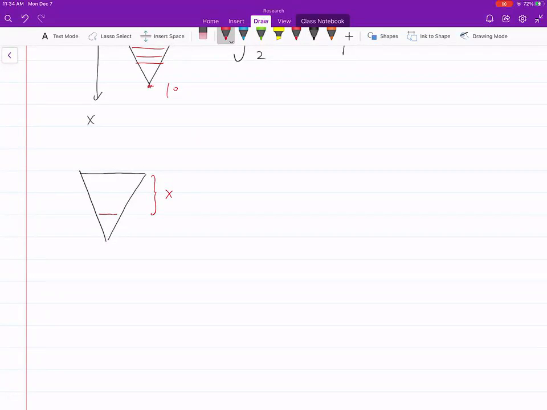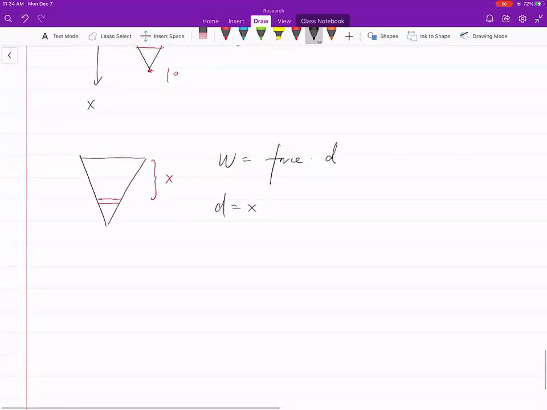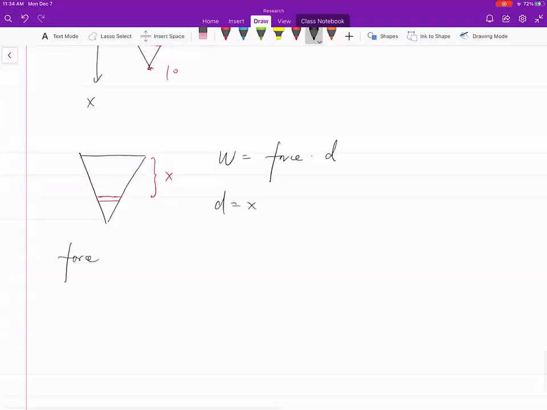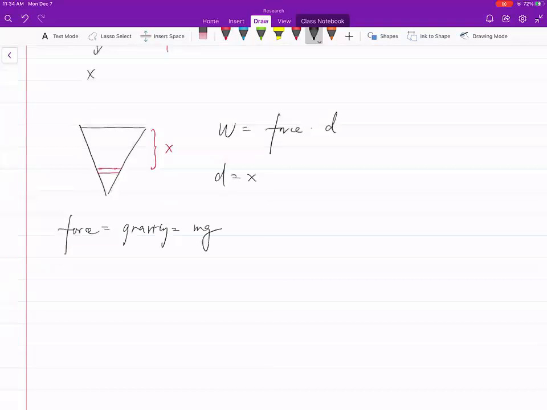All right. So how much work is done by this disk? Force times distance. What's the distance? The distance is x. The bigger the x, the more work, the more distance you travel. Great. What's the force? The force is going to be gravity, which is mg. G is a constant. What is m?